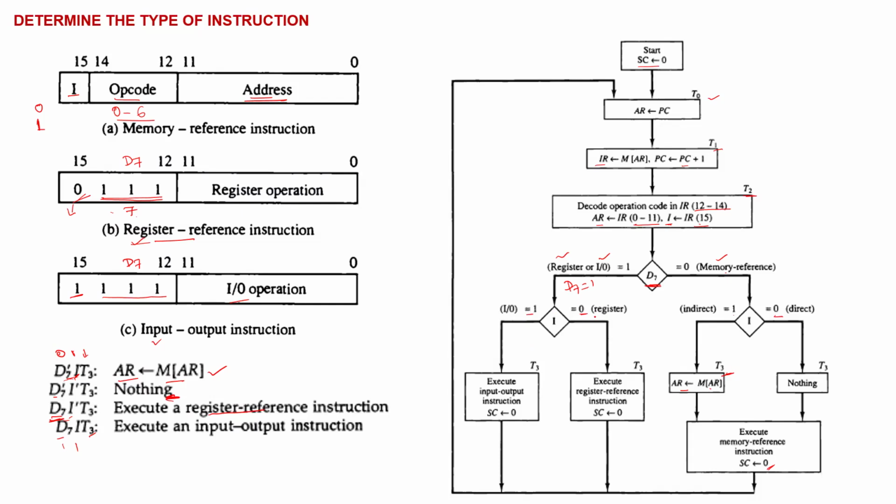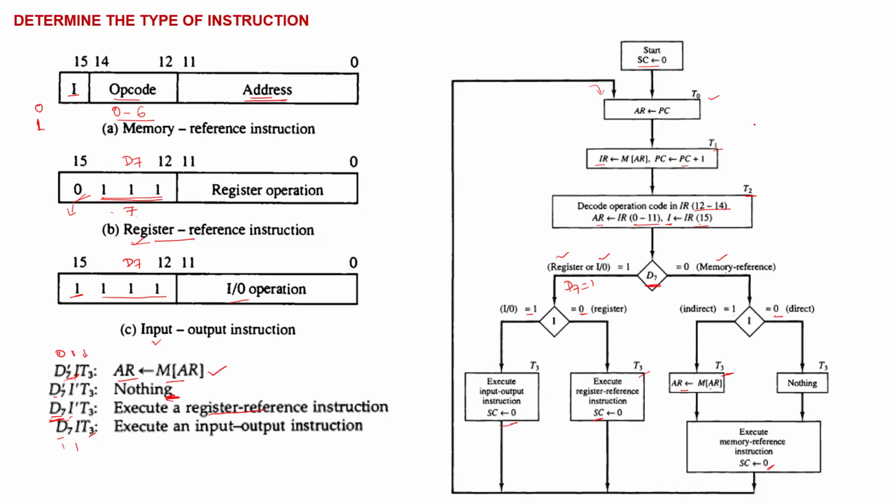So when I is 0, it will execute the register reference instruction, and after that the sequence counter is set to clear during the time cycle T3. Similarly, if it is an input output instruction, it will execute the input output instruction, and again the sequence counter is cleared, set to 0. Again it will start the time cycle T0.